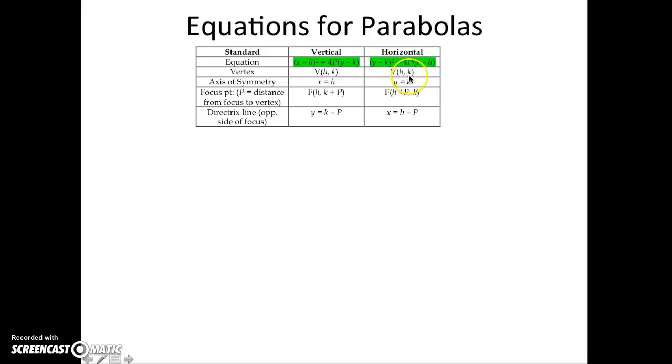The vertex is still going to be (h, k), but the axis of symmetry is going to be the horizontal line y equals k. The focus, we're going to add to the h value this time, and the directrix is going to be a vertical line at x equals h minus p.